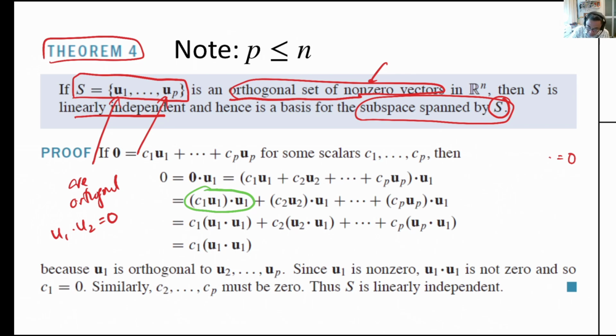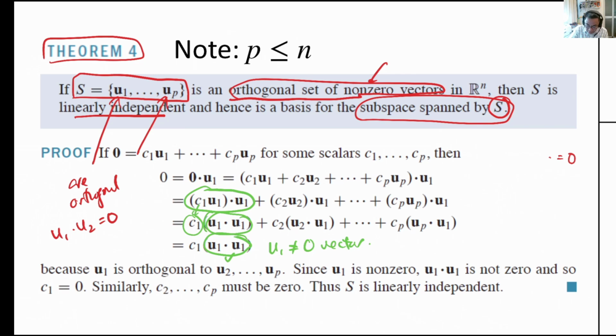We can open up the brackets. c1 is multiplied with u1 dot u1, and we remember that u1 dot u1 is the norm squared of u1. u1 is also not the zero vector. Therefore, this u1 dot u1 is non-zero.